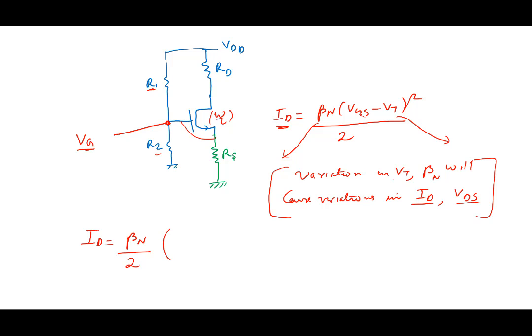This voltage is fixed, let's call it the gate voltage VG, but VGS becomes VG minus ID RS. Note that this is VS, the source voltage, whatever current ID flows multiplied by RS. So VGS is VG minus ID RS minus VT square. Let me erase this so that you're not confused. So now the current goes like this.